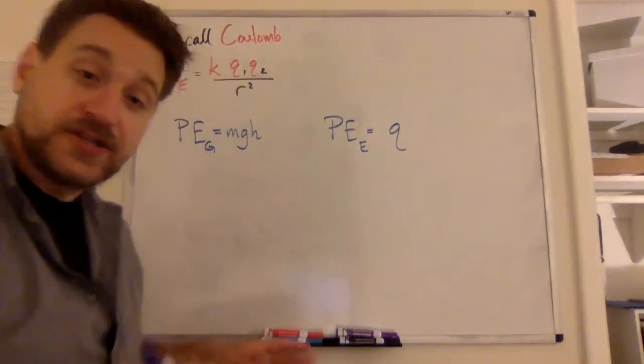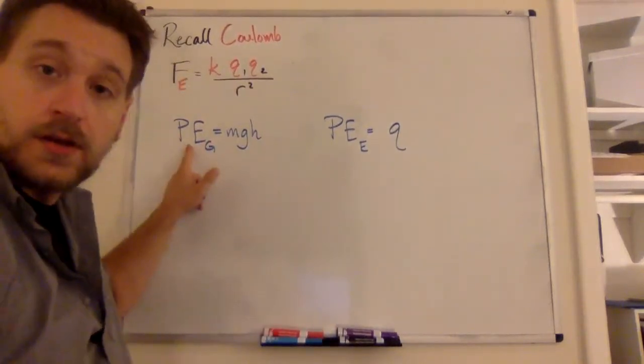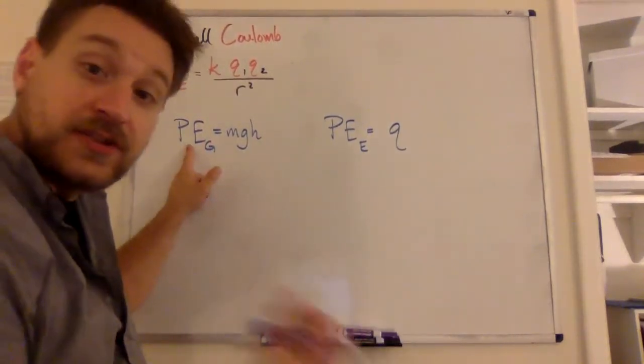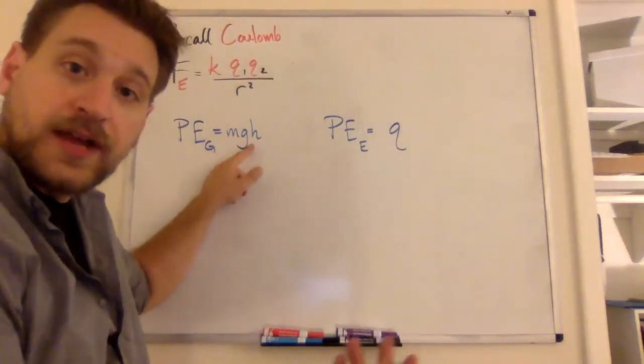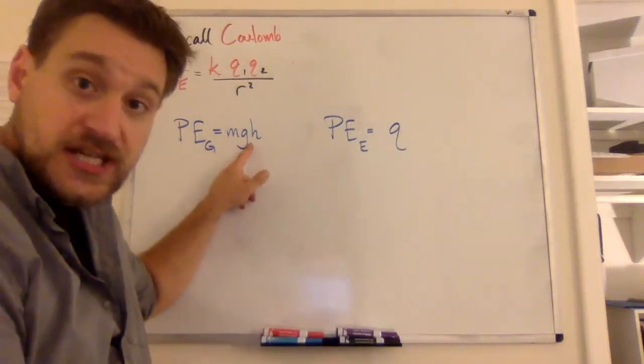The potential energy. We used to ask about the potential energy of a mass m subject to a gravitational acceleration g.